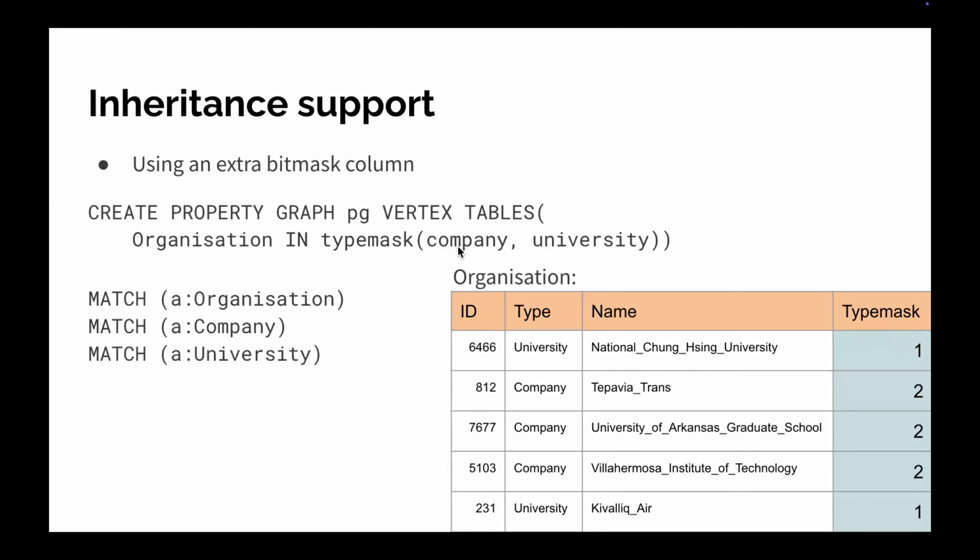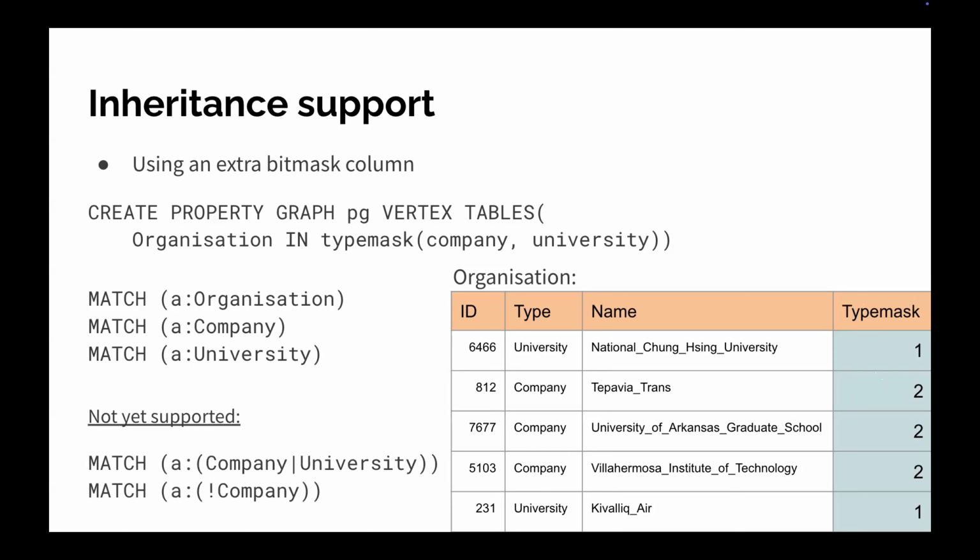Then in your match statement, you can simply say, I want the organization or the company or the university, and I add a filter underneath to filter on this type mask column. And first of all, we don't need to filter on strings, which are way slower. We can filter on an integer column instead.